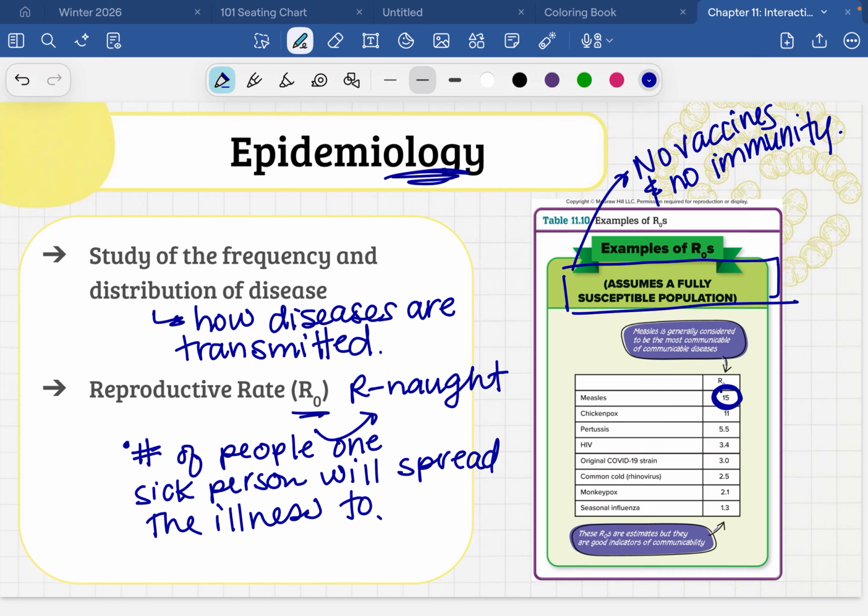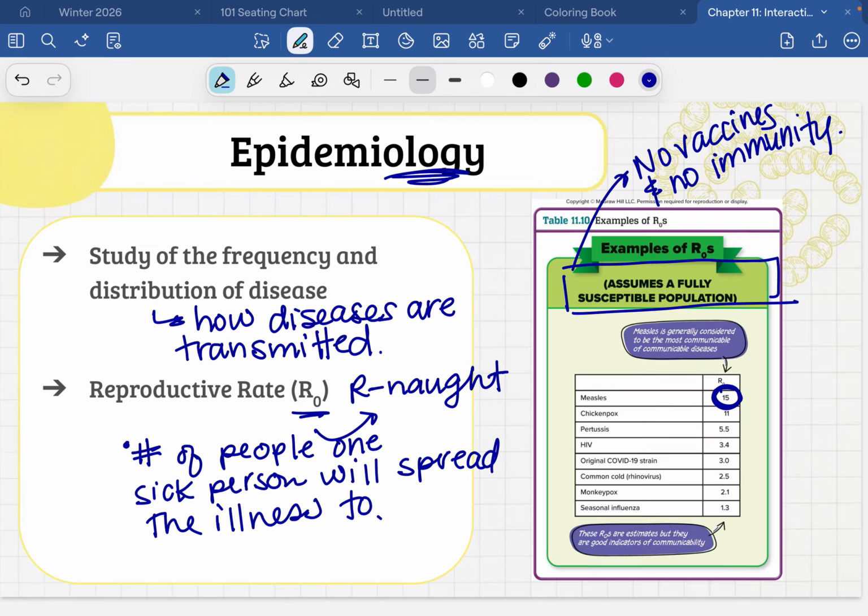And what that means is for every person that is infected with the measles, they will, on average, get 15 other people sick, assuming that there's no vaccination and that they are coming in regular contact with the people around them. So this is somebody who has a job and sees other people, interacts with kids, whatever else. So the measles has an R naught of 15. One person can get 15 other people sick.